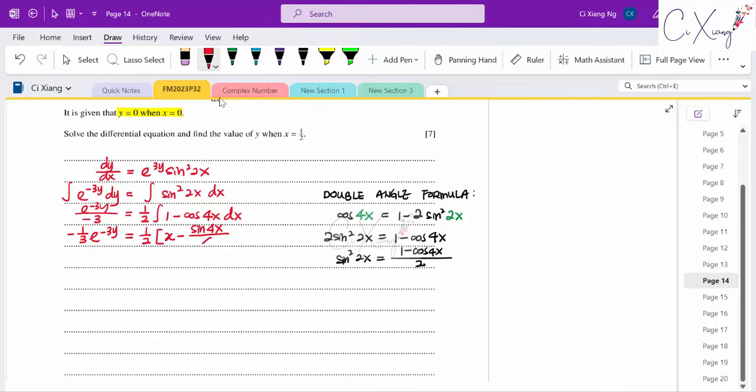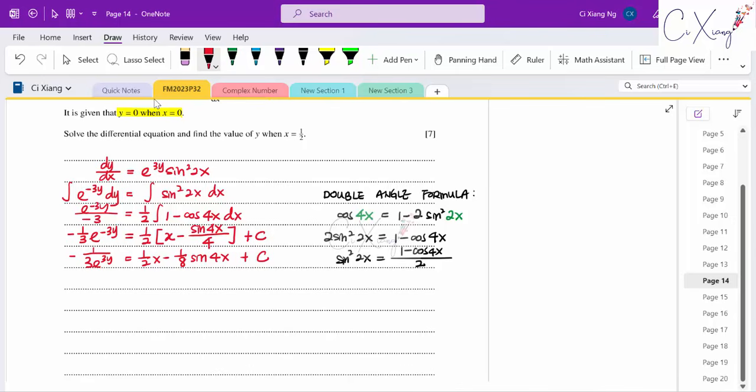Therefore, after my integration, I have to divide by 4, and I have a term plus c at the back. Okay, then next step, try to simplify slowly. So I have 1 over 3e power 3y equals a half x, then minus 1 over 8 sine 4x plus c. I need to get the value for c.